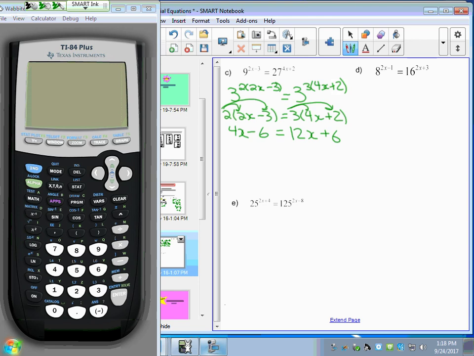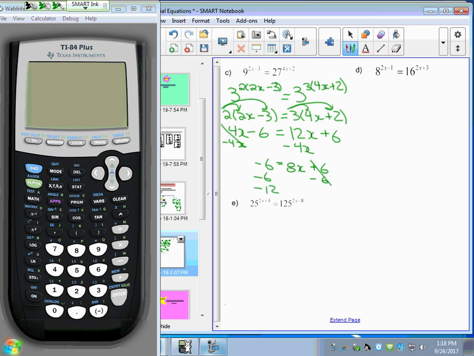All right, now we have a bit more complicated of an equation to solve. First step is to get our variables together. So let's subtract 4x from both sides. 4x minus 4x is 0. Those cancel out. We get negative 6 equals 12 minus 4, which is 8x, plus 6. Now we have to move our constants. So we have minus 6. Cancels out, minus 6 here.